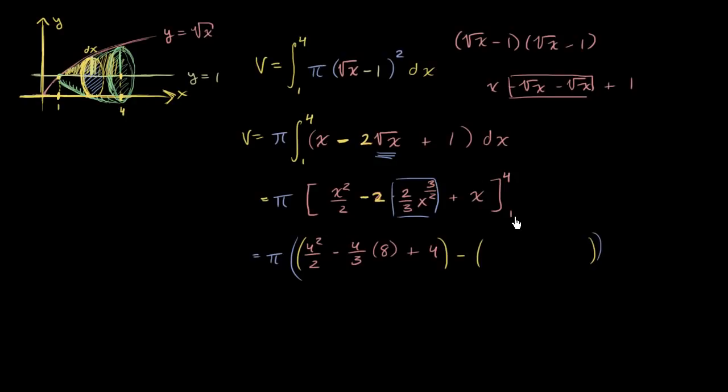So when you evaluate it at 1, you get 1 squared over 2, which is 1/2. And then you get 1 to the 3/2, which is just 1. So this becomes minus 4/3, and then you have plus 1.